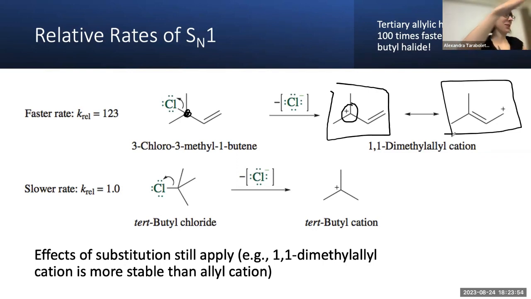So that positive charge can now flip all the way to the end, switch with the double bond. And that means you actually have equal chances that you do a substitution on either one of these sites.